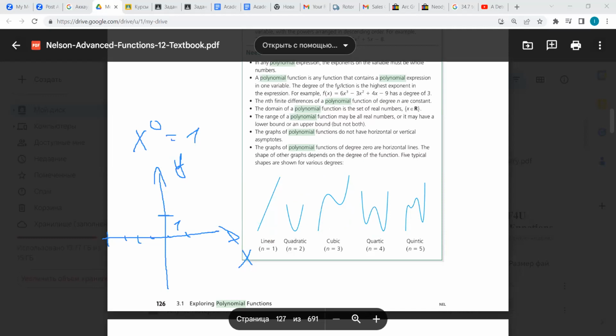For example, you can have this function 6 times x to the third power, or you can have 5 times x to the third power, or you can have negative 105 times x to the third power. It doesn't really matter. The shape of this graph will remain the same for all of these cases. Please review this at home.